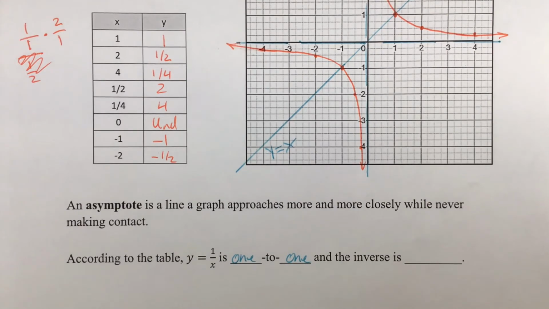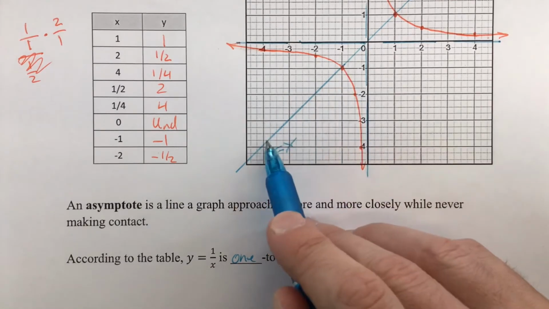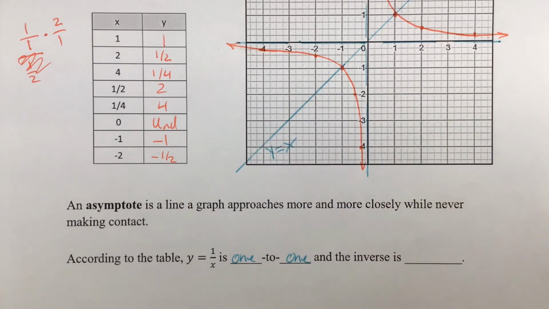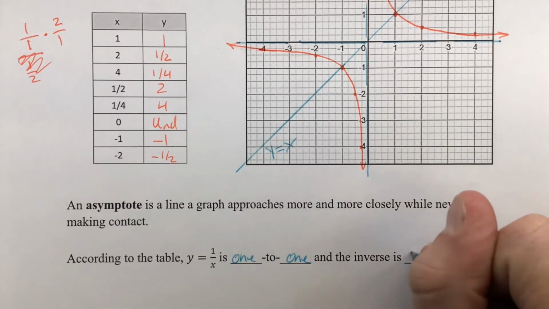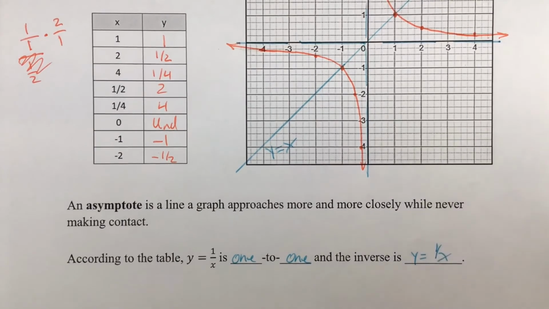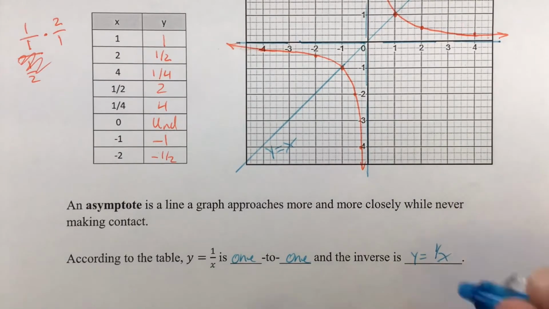You're going to notice that this graph itself is reflected around it. So if we attempted to look at an image of the inverse function by reflecting the graph over this line, you would get back the exact same picture, which means that the inverse to this is itself, which is a unique feature that this graph has.